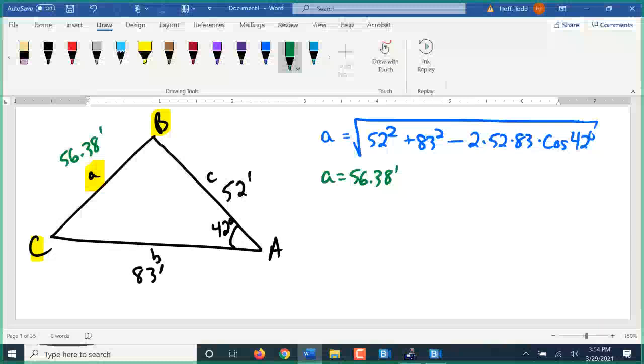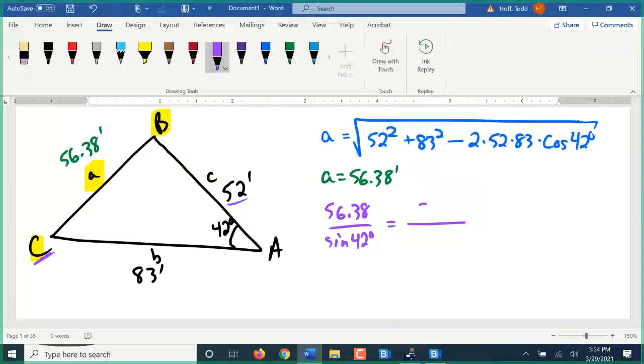Now, obviously, I want to find which angle next. Opposite the smaller side. 56.38 over the sine of 42 degrees. Cross multiply and divide.